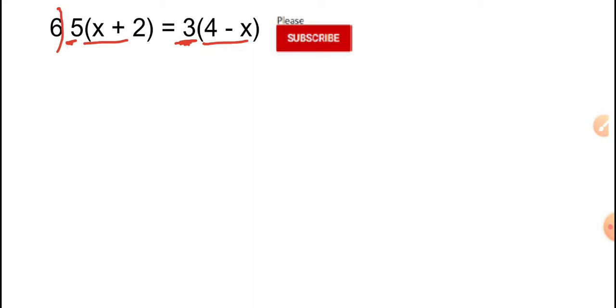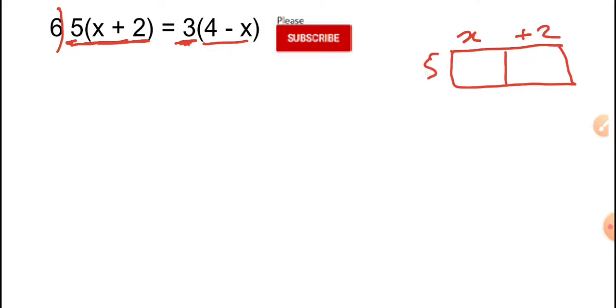So we start off with the left hand side, x plus 2, and then the 5 is on the side. So 5 times x is 5x, and then 5 times plus 2 is plus 10.